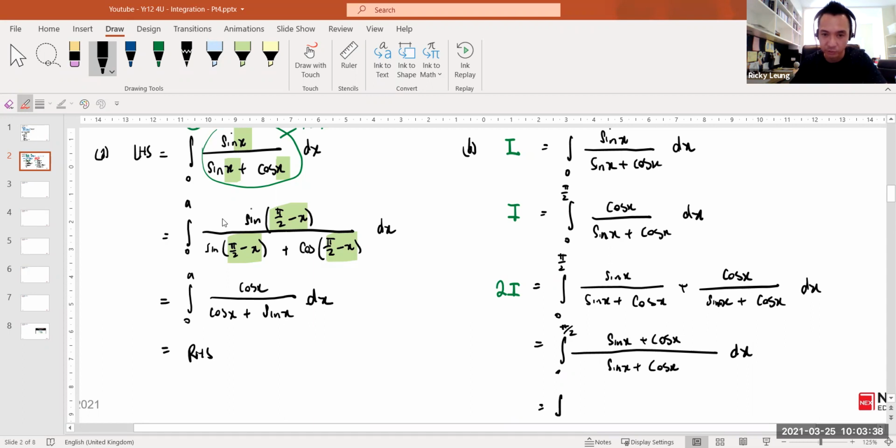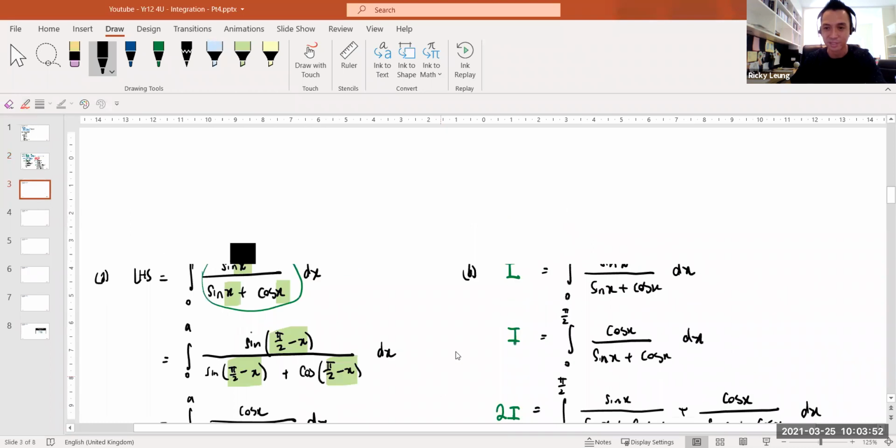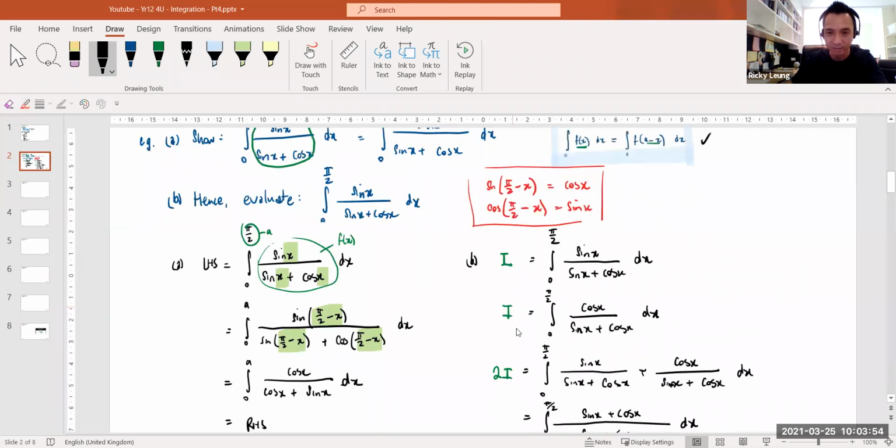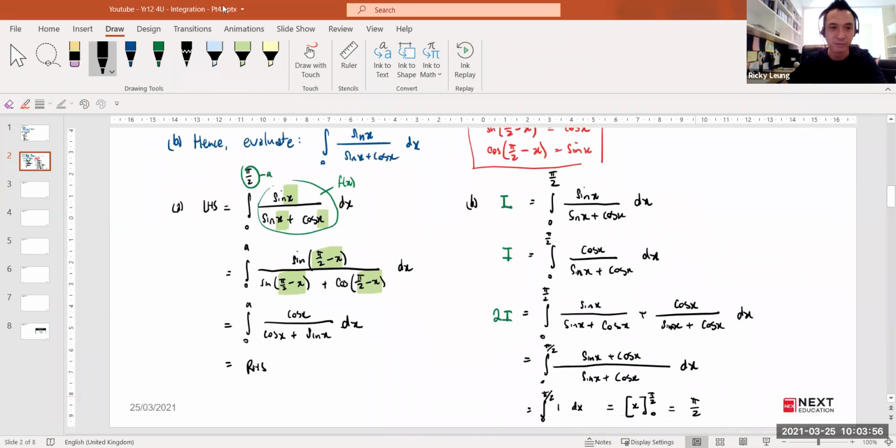Integral of 1 dx, which I know is just x. So with the limits of pi on 2 and 0, that's just pi on 2. And then, guys, does it make sense? If 2I equals pi on 2, therefore I, which is what I want, equals pi on 4.